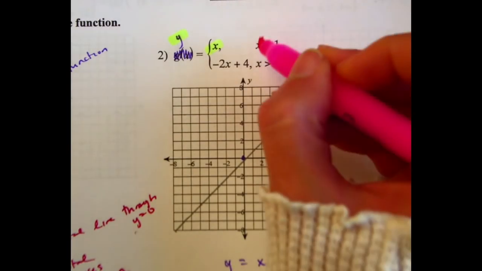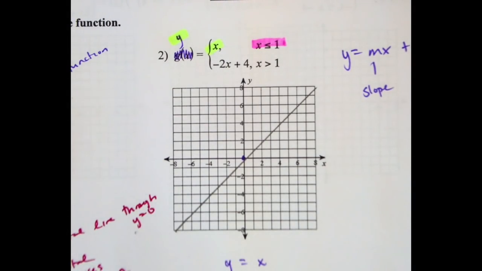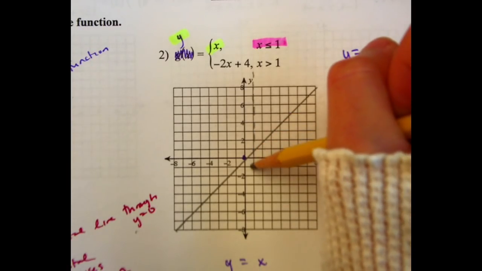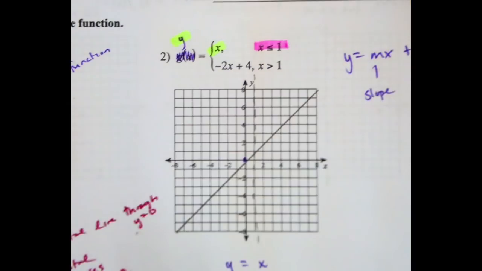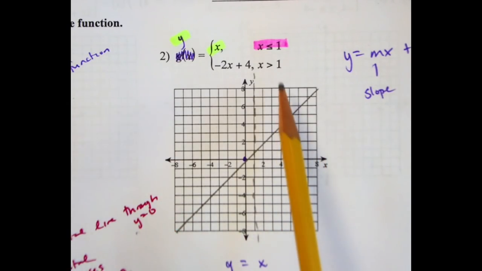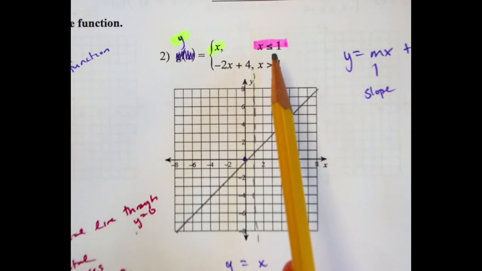Then I'm going to go over to the next part of my function, which tells me this first function only exists for x values less than or equal to 1. So here the point that I care about is 1. I'm going to draw my dotted line, and then think, which side exists? This function exists for x values less than or equal to 1.